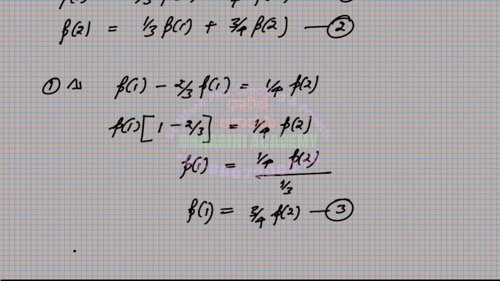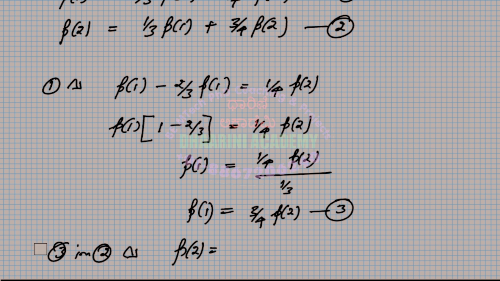Okay, so put 3 in 2. Wherever I have P of 1, I'll write 3 by 4 P of 2. So P of 2 is equal to... can I substitute there? Oh no, everything becomes P of 2, so it's not possible.